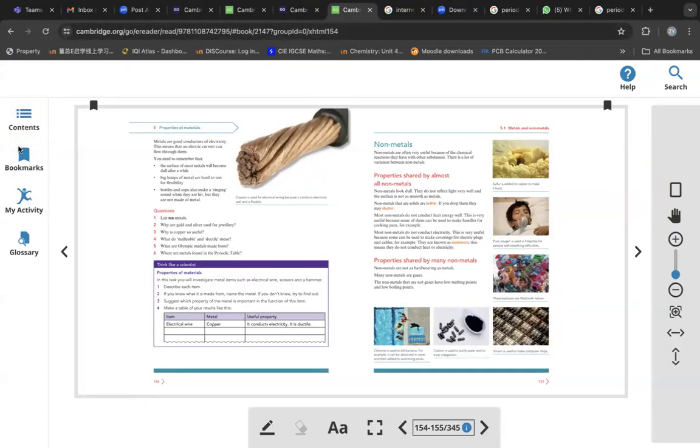Okay, so a thing to highlight here: most non-metals are gases. When you say gas, do you know why it is gas or not? Combined with the previous topic, some of the questions they like to ask are about boiling point and melting point.